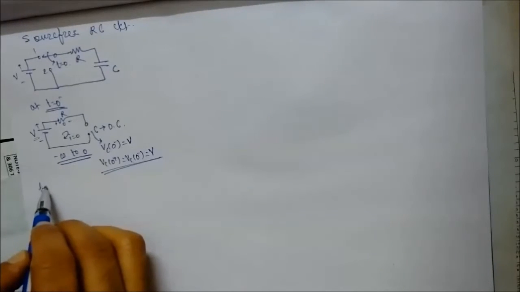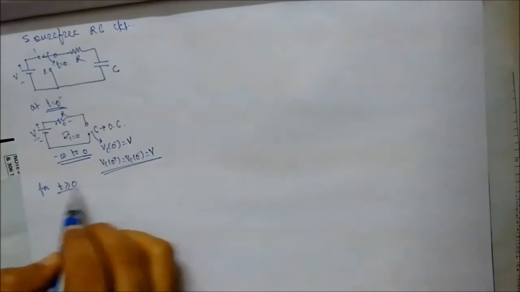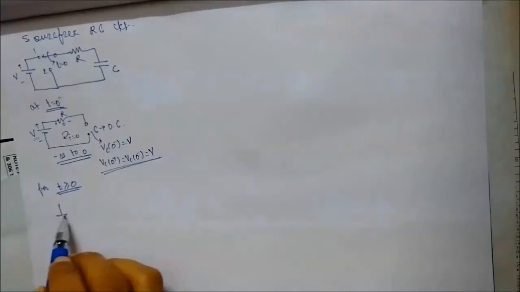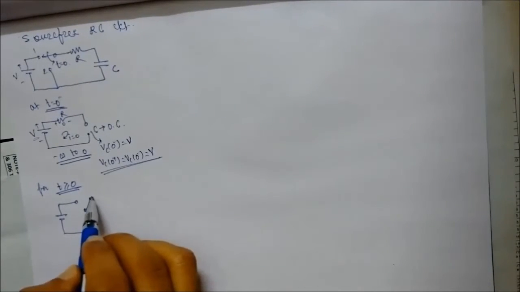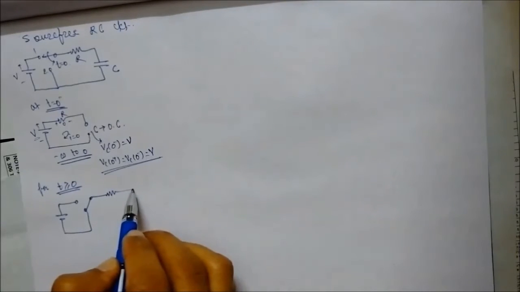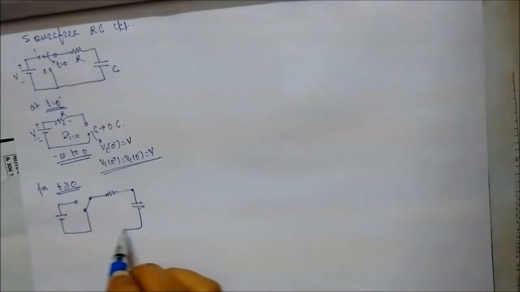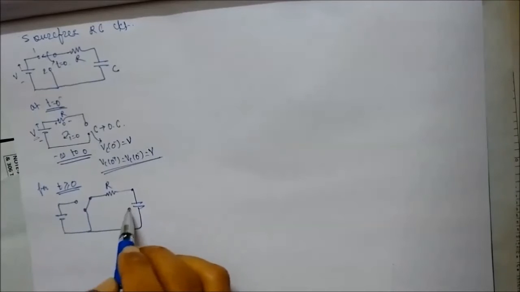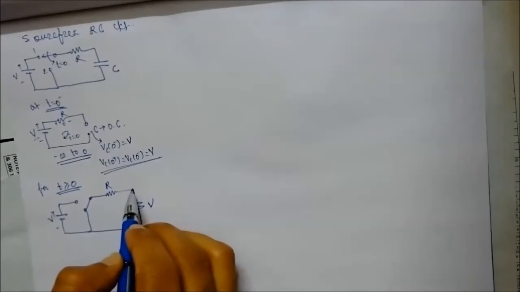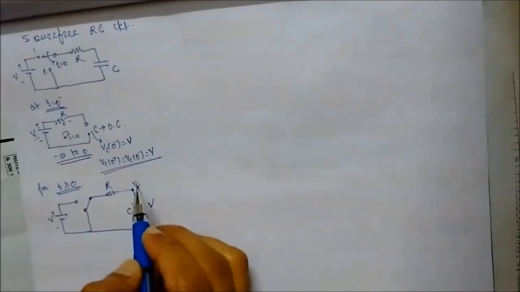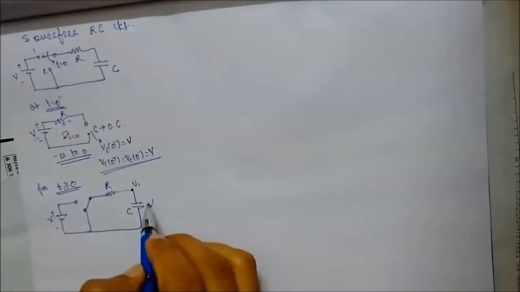Now for t greater than or equal to 0, we will redraw the circuit. Let's say this is R, this is C with initial voltage V. Let's say this node voltage is V1.